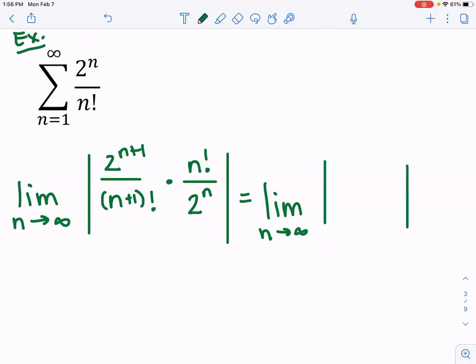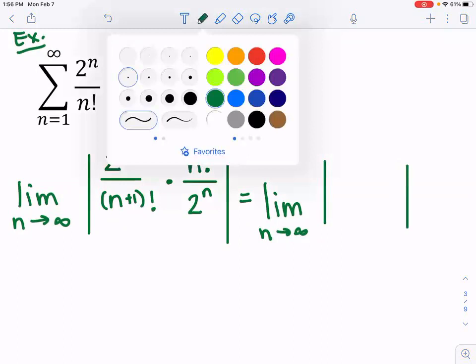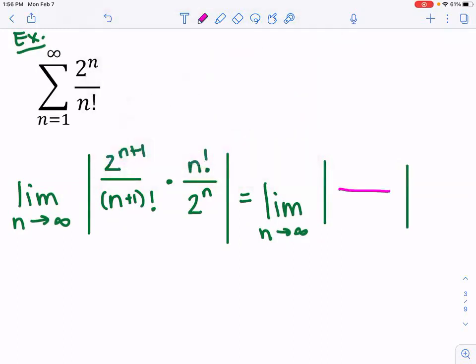Well, we spent some time practicing canceling out with factorials, but let's first think about this. 2 to the n plus 1 over 2 to the n. Okay. N factorial divided by n plus 1 factorial.